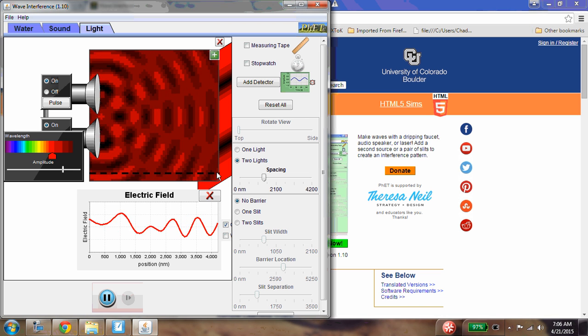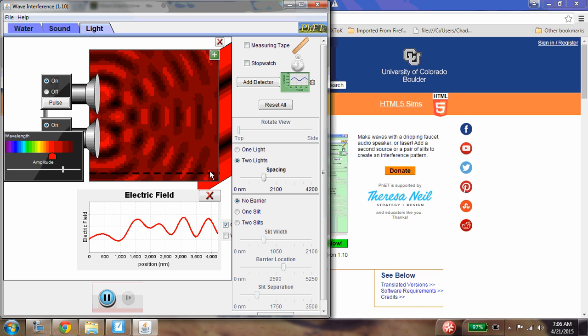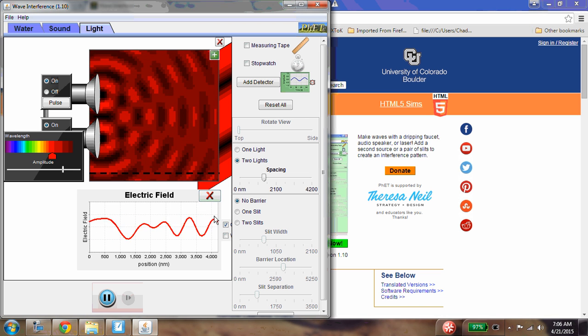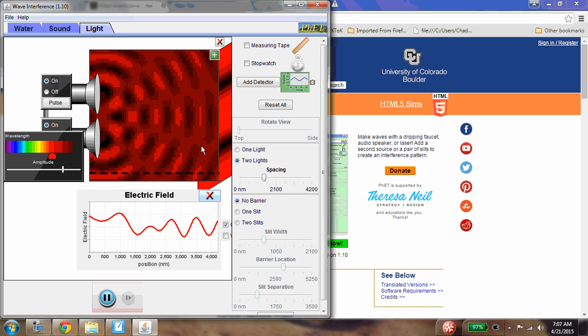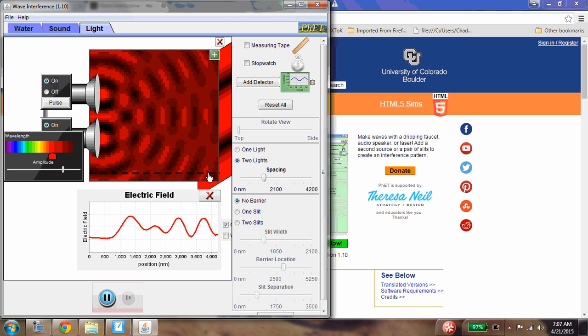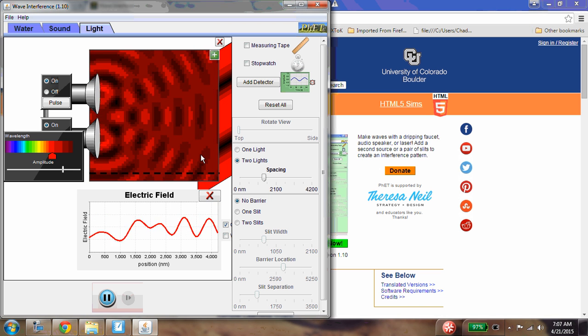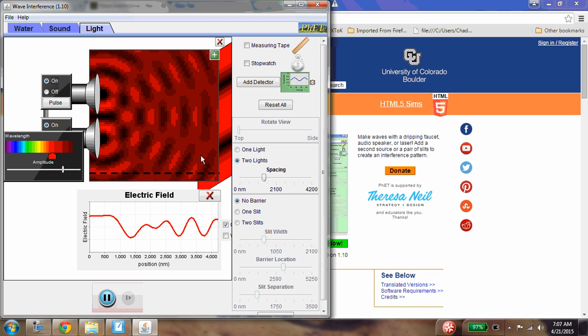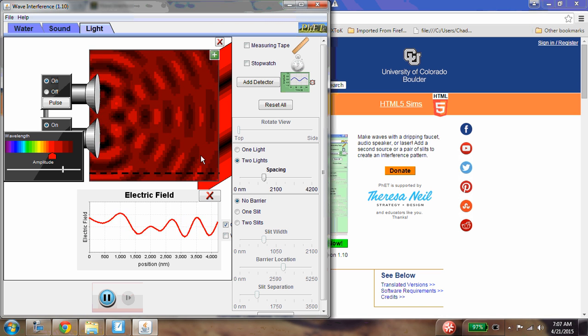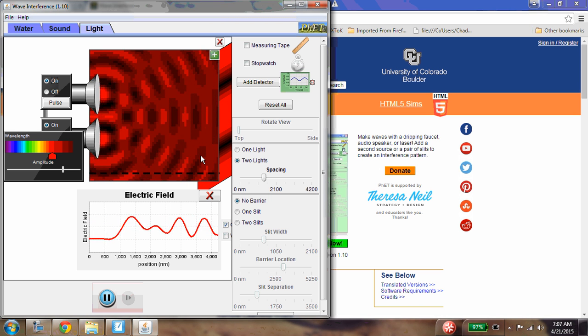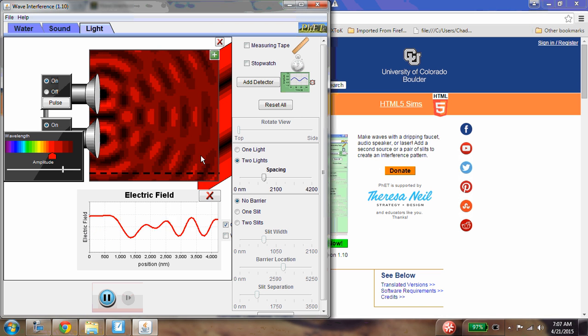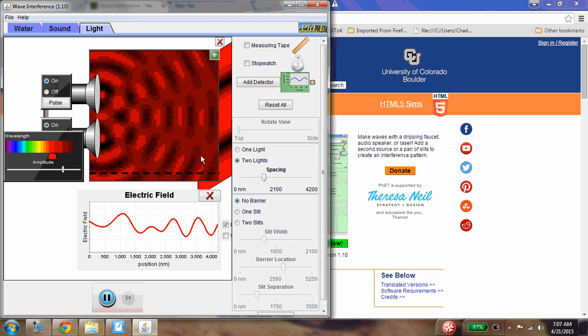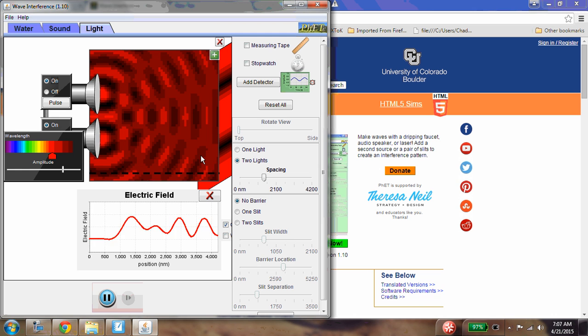For example, here I get a really bright spot, and you can see this shows the magnitude of that wave, and then over here it shows the screen. We'll get into this. This is called double slit diffraction, where we have the interference of these two waves. Where the peaks and the troughs line up, I get destructive interference, and where the peaks and the peaks line up, I get constructive interference.